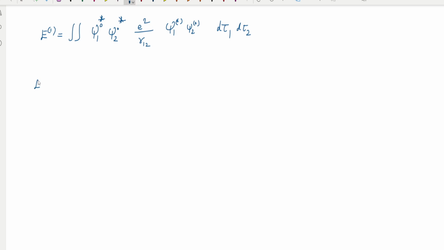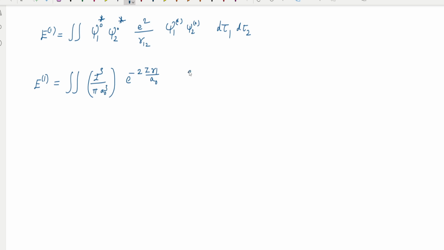After using equations 1 and 2, you will get Z cubed divided by pi a naught cubed, e power minus 2 Z r1 divided by a naught.